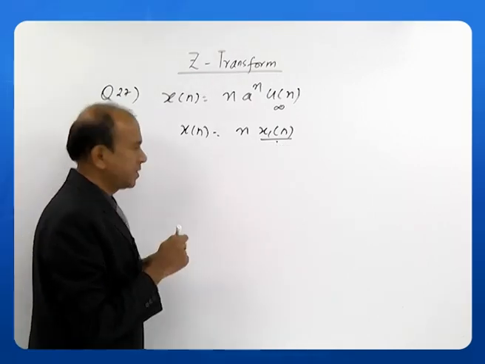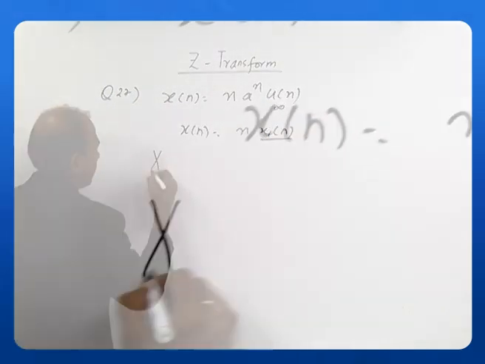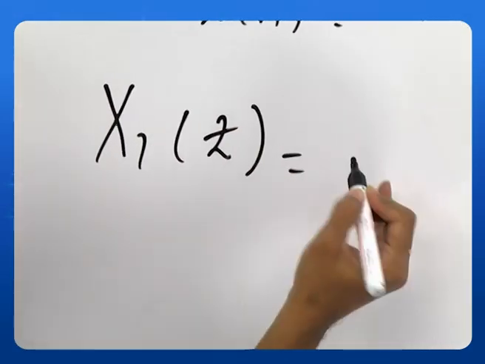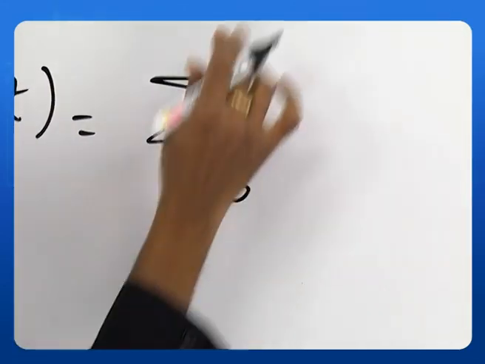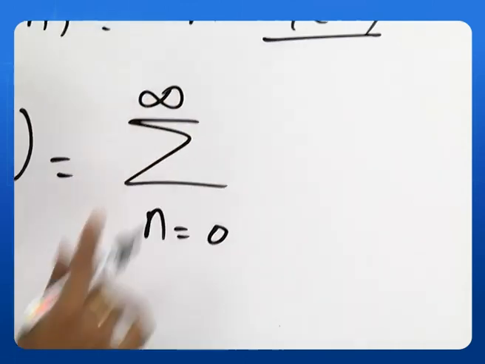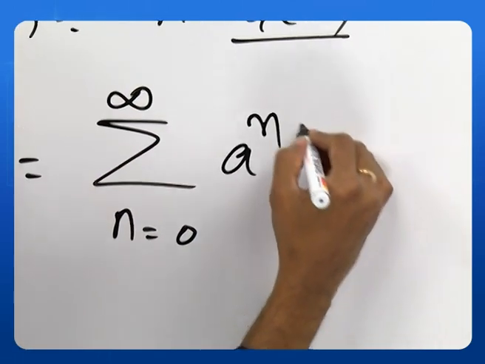Now following the simple steps, let us first find out what is X1(z) for this. So X1(z), I can write this here. That is equal to summation n is equal to 0 to infinity, a to the power of n, z to the power of minus n.